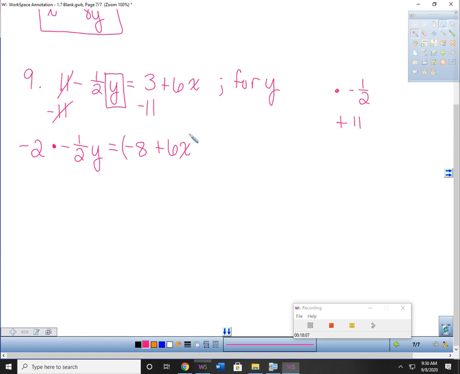On this side, you have more than one term, so you're going to have to put that in parentheses. So that cancels. Y equals, and then you're going to have to distribute. Negative 2 times negative 8 is 16, and negative 2 times 6x is negative 12x.